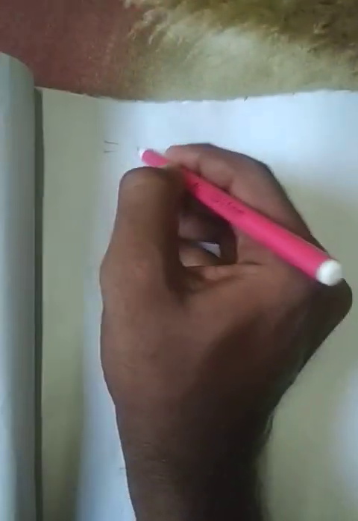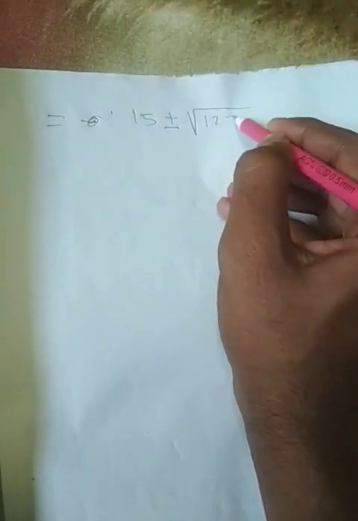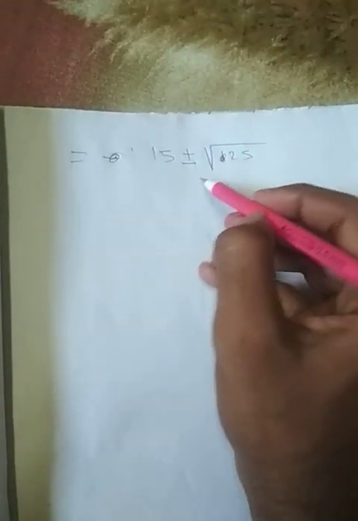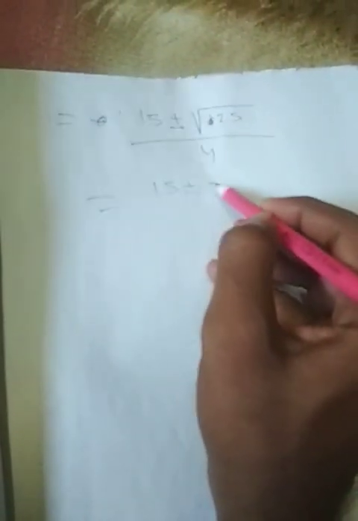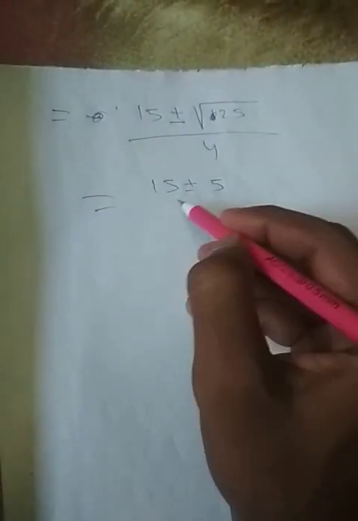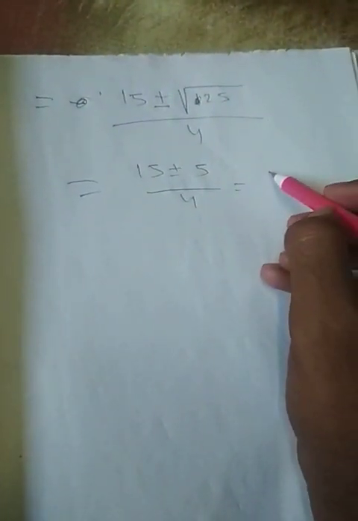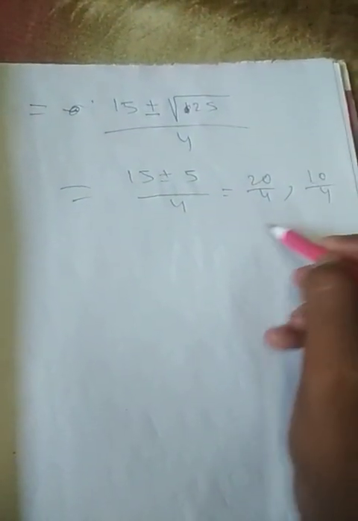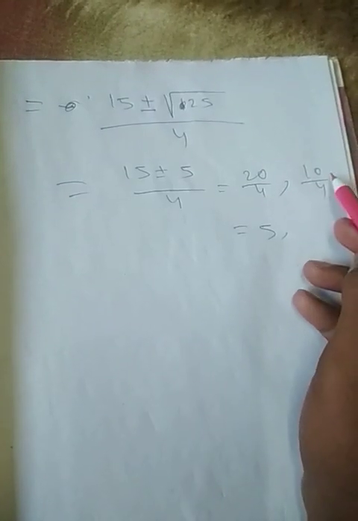So I got 15 plus or minus root over 25, by 4. So 15 plus or minus 5 by 4. One answer is 20 by 4, and one answer is 10 by 4, that means 5 comma 5 by 2. These are the two answers.